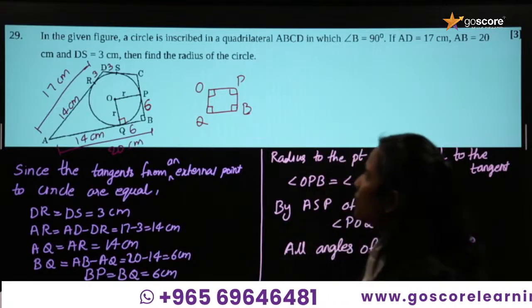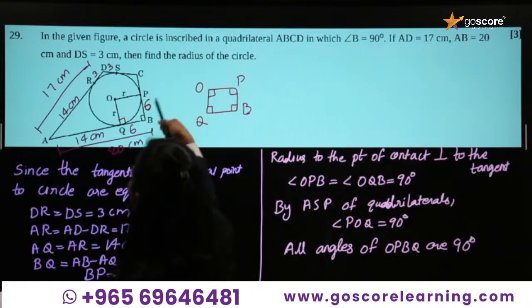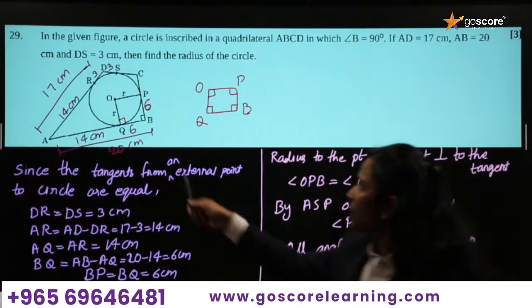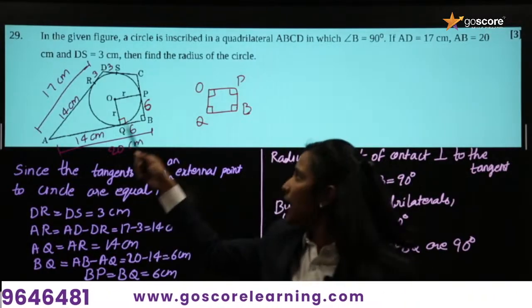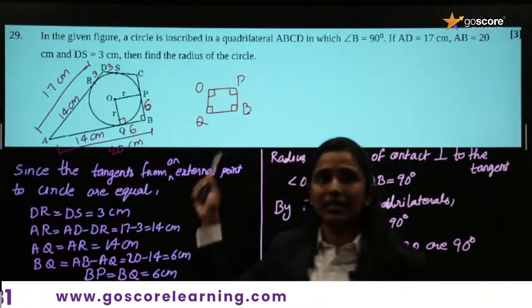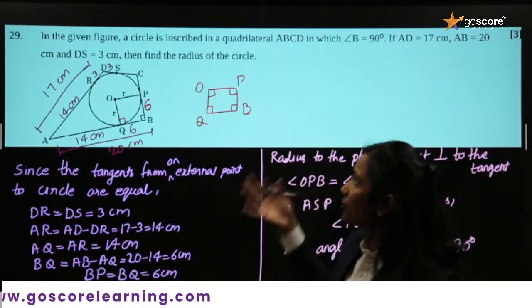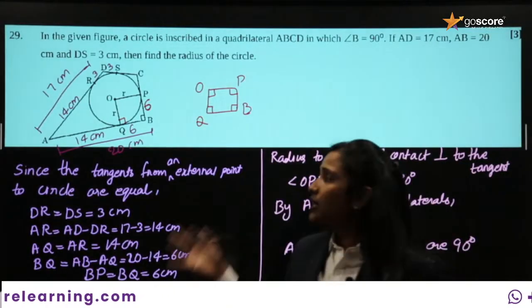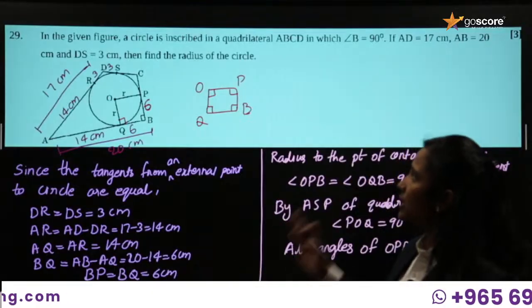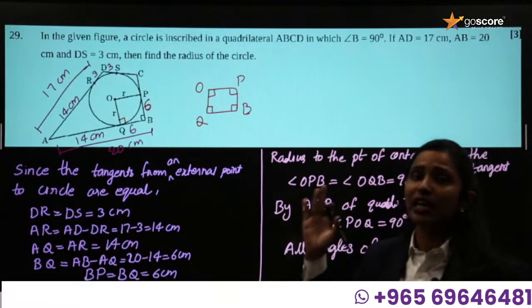Now, here the adjacent sides are equal because OQ and OP are radius and also BQ and BP are 6 centimeter as we derived from the given details. So it is the only possibility that this OPBQ is a square.